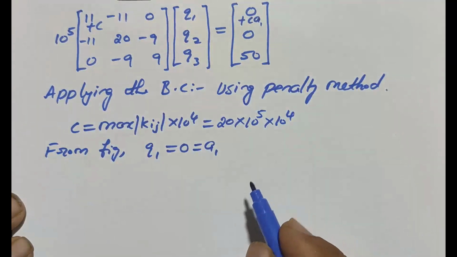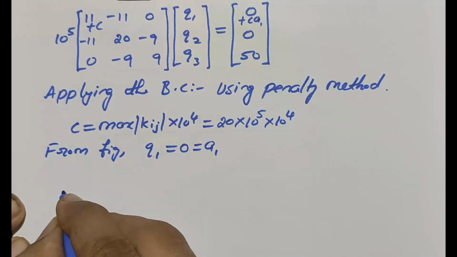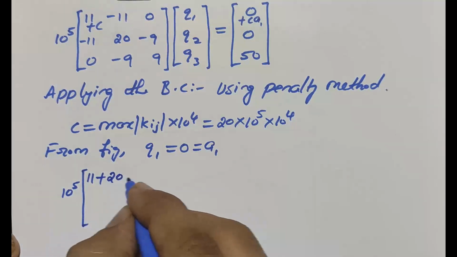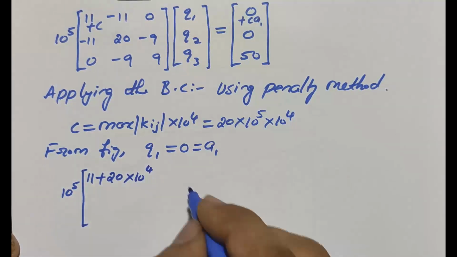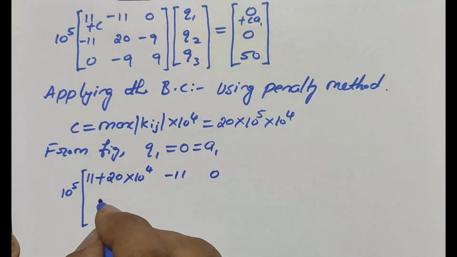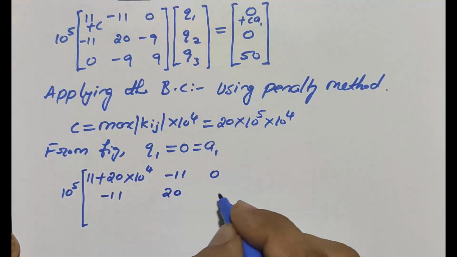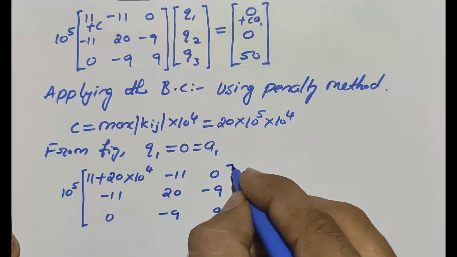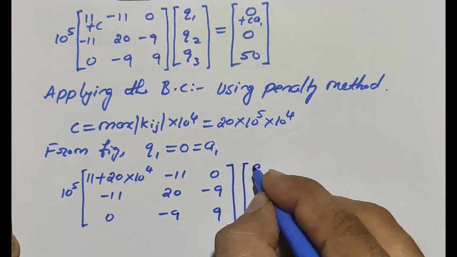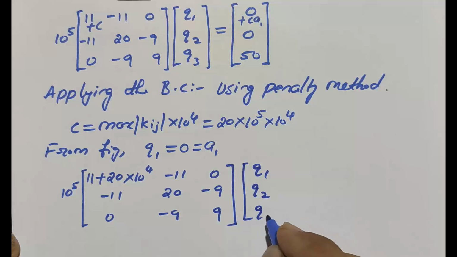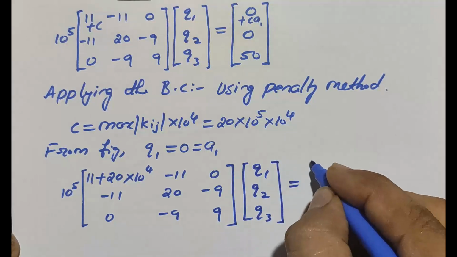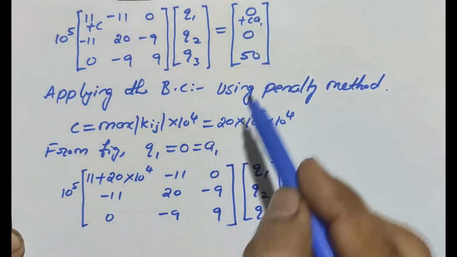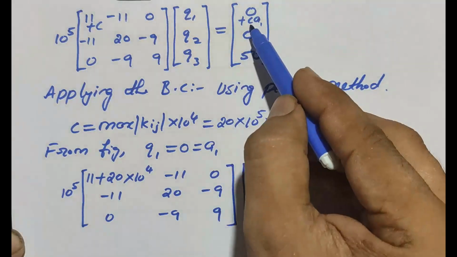So after applying the boundary condition, the equilibrium equation becomes 10 power 5 into the matrix 11 plus 20 into 10 power 4, minus 11, 0; minus 11, 20, minus 9; 0, minus 9, 9, into Q1, Q2, Q3 is equal to, see here, 0 plus C A1. Since A1 is equal to 0, C into A1 becomes 0.